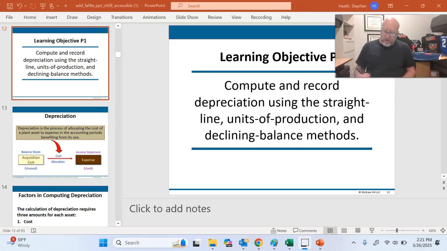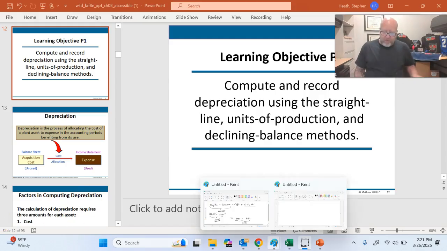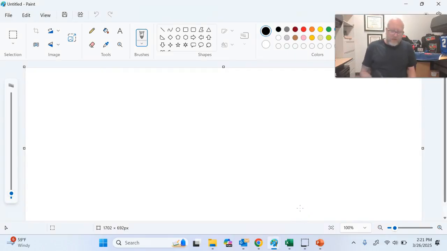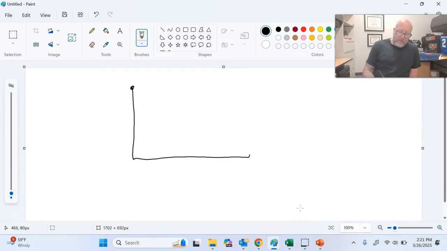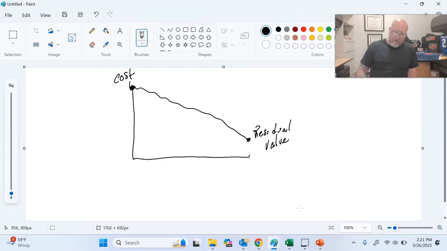Okay, but just as a recap, our depreciation expense and accumulated depreciation is the difference between the cost of the asset and the residual value or the salvage value, right? How much it's worth at the end, and then how much it's declined over time.